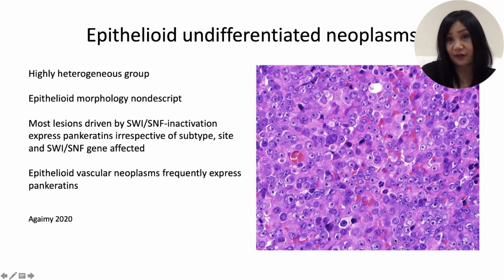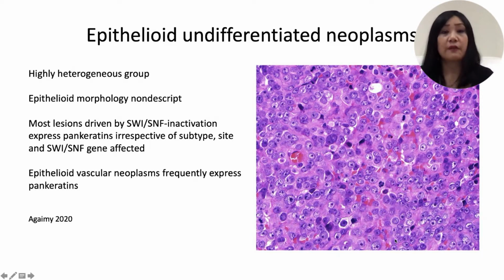Of the epithelioid undifferentiated neoplasms, most lesions driven by deficiency in the SWI/SNF complex express pankeratins, irrespective of the type of tumour, the site at which the tumour occurs, and the gene affected. Also, to compound the situation, epithelioid vascular neoplasms frequently express pankeratins, sometimes diffusely.